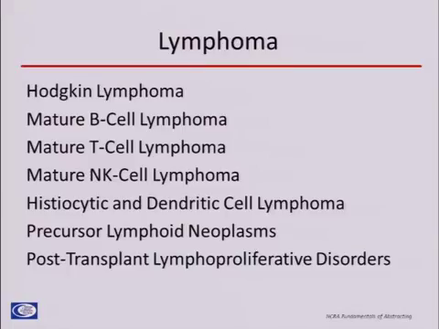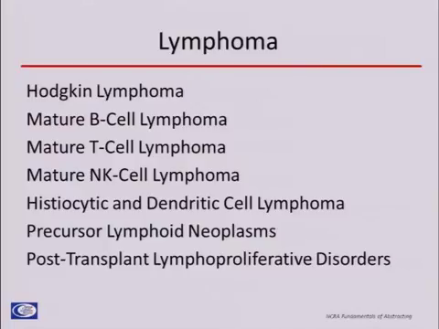They just haven't found the right indicator to slot them in there, just like the plasma cells. And the precursor lymphoid neoplasms, which are neoplasms of the precursor cells before they commit to becoming a B or a T cell. And a new classification group are the post-transplant lymphoproliferative disorders.